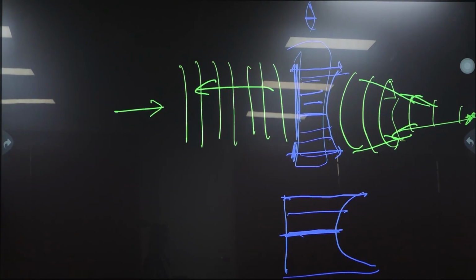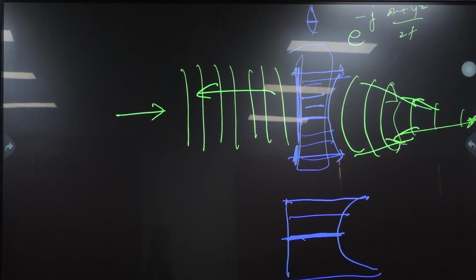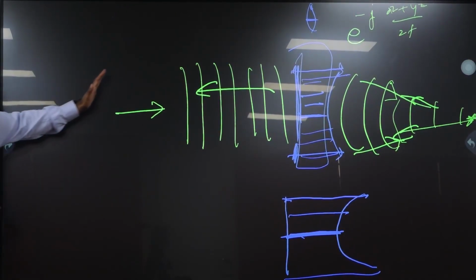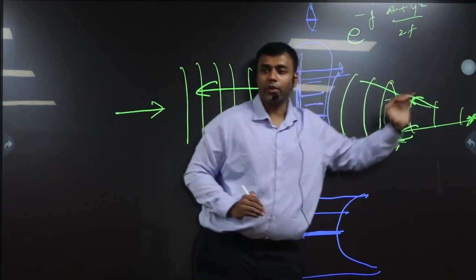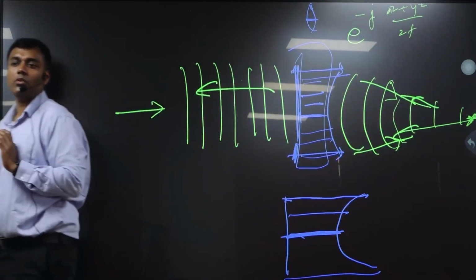What a lens does is introduce something of the form e to the j x squared plus y squared. So it takes a plane wave and converts it into a parabolic wave. And that's really what a lens does.